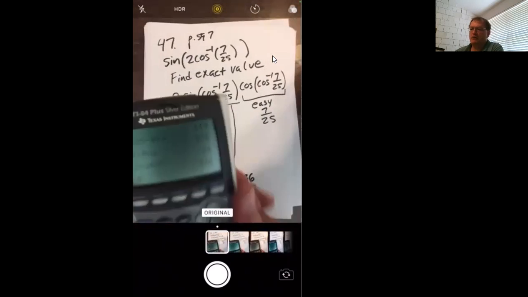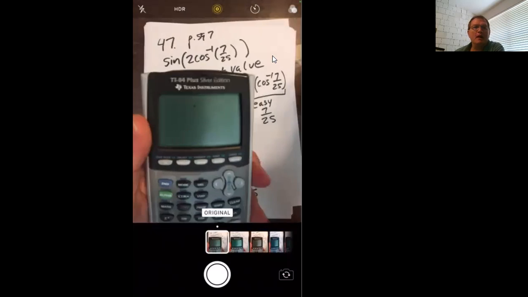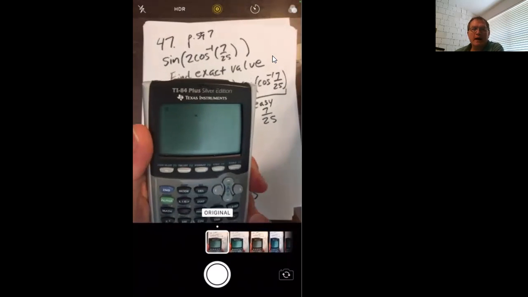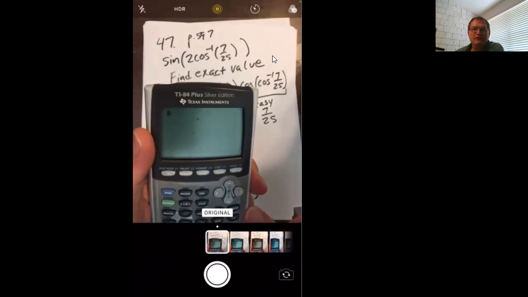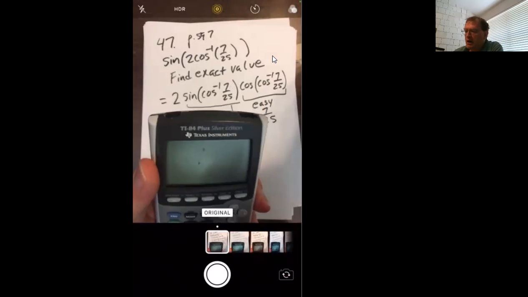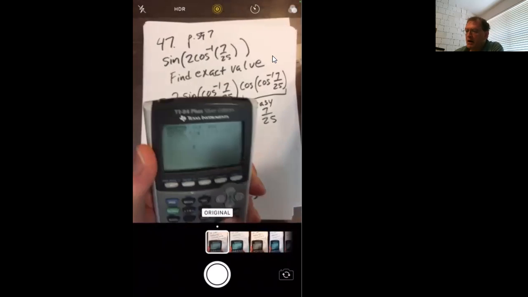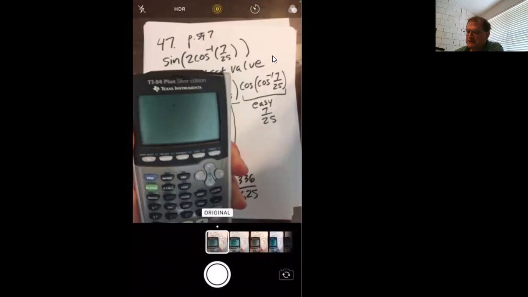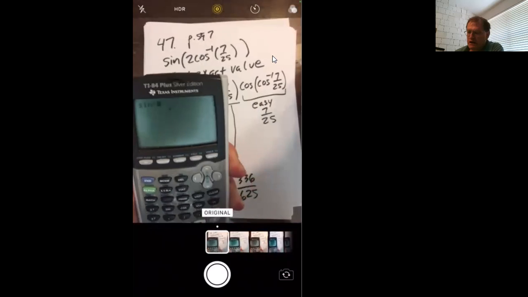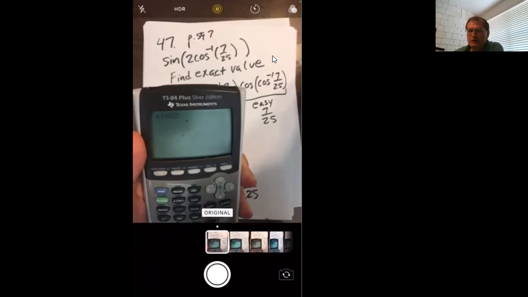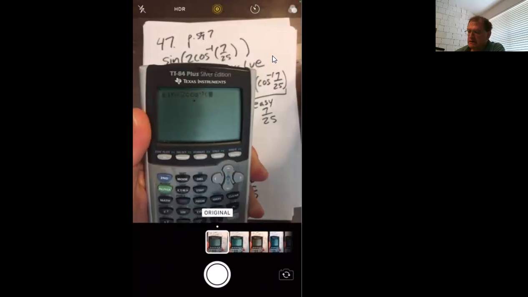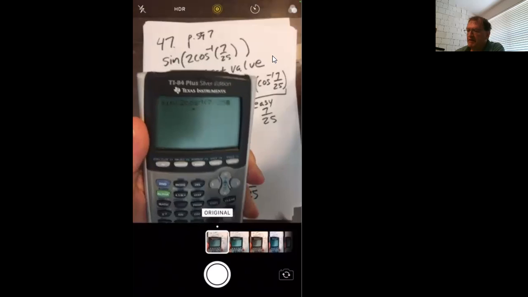Well, what the heck? I'll check one with the calculator. Okay, probably be safe. We want radian mode. All right, radian mode. Okay, sine of twice the arc cosine of 7 divided by 25.